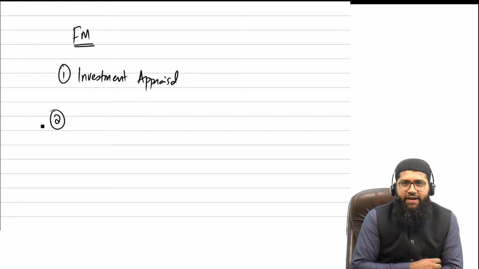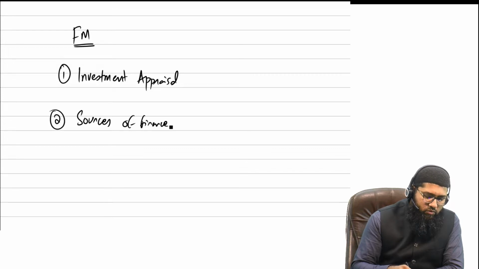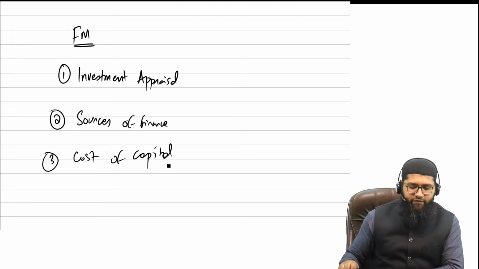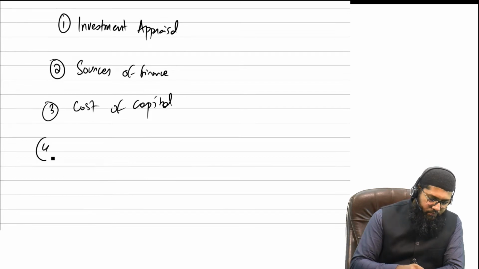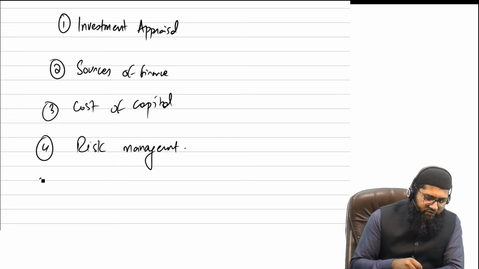The second area of the syllabus is sources of finance. The third area of the syllabus is the cost of capital. You've got risk management.